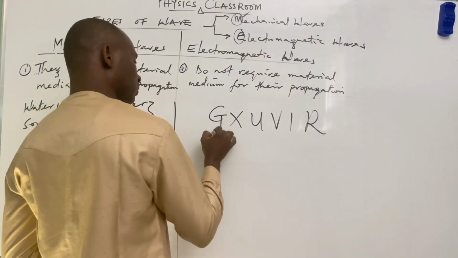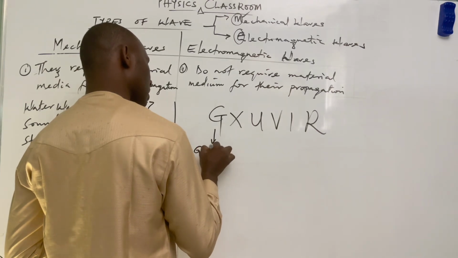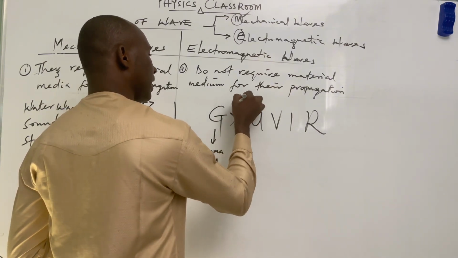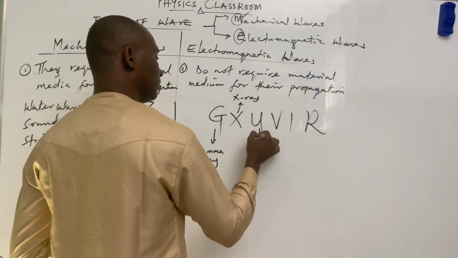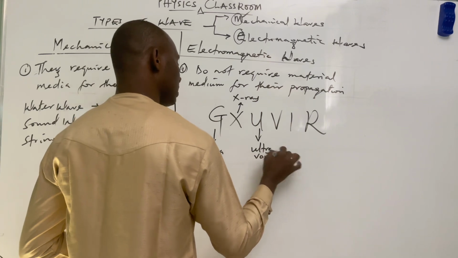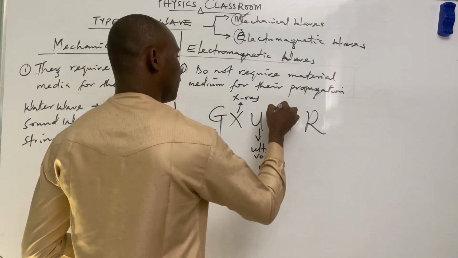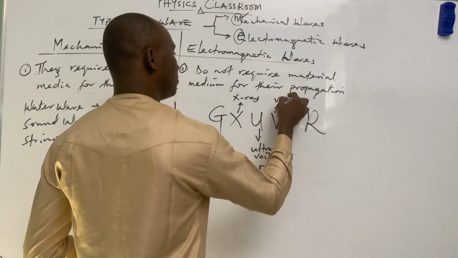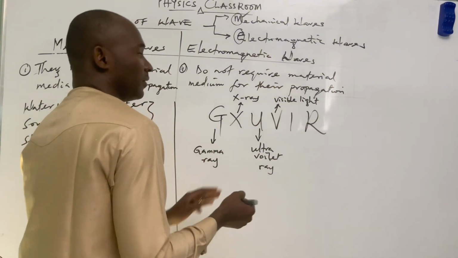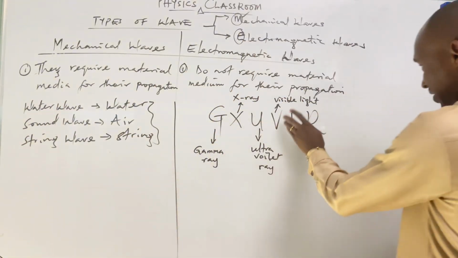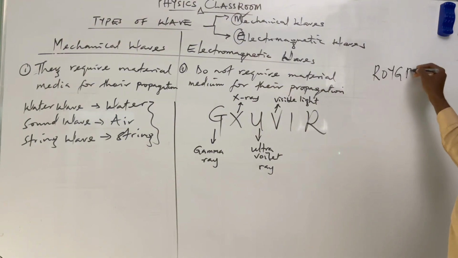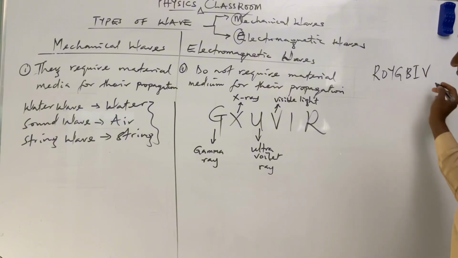G here connotes gamma ray. The X connotes X-ray. Please take note of them. U connotes ultraviolet ray. V connotes visible light, or simply we can call it light wave. Under the light wave, this V, visible light, we have red, orange, yellow, green, blue, indigo, and violet, 7 of them.